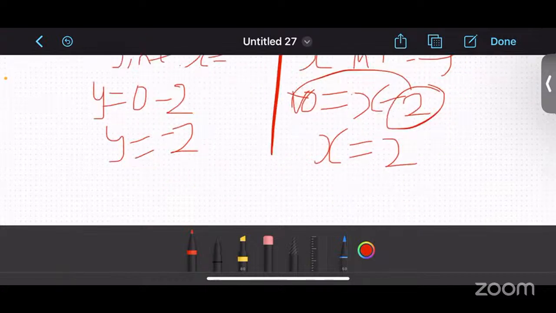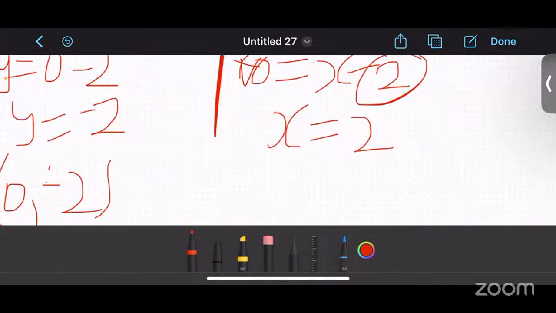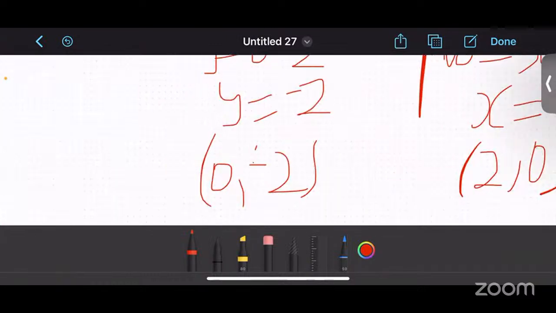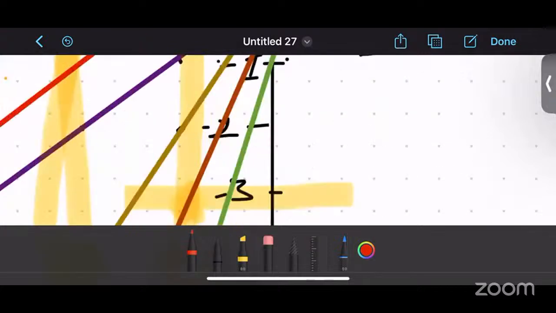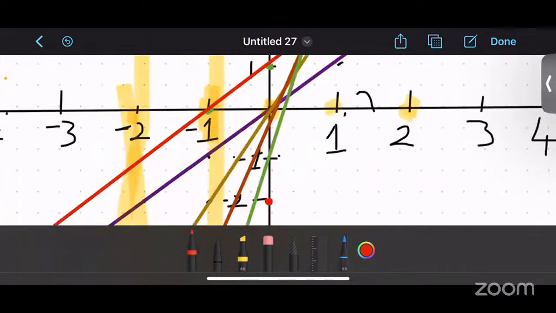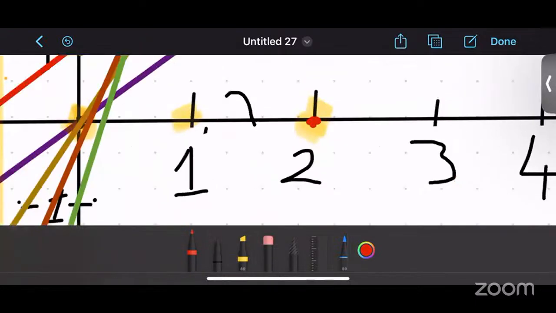So for the y-intercept, we have 0 and minus 2 as our coordinates, and for our x-intercept, we have 2 and 0. So we have 0 and minus 2, which is going to be somewhere here. And then again, we have positive 2 and 0, which is there on the line.